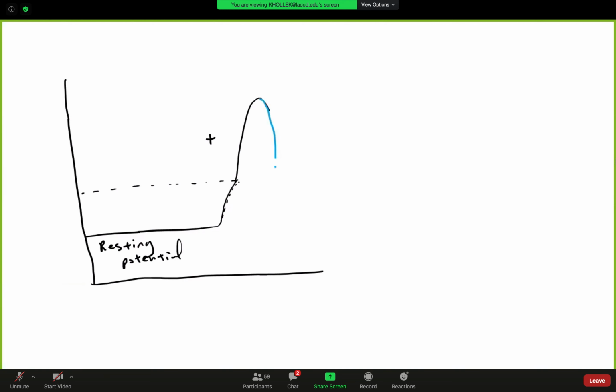This part right over here, permeability for potassium ions increases. So more potassium is going out. As the cell loses potassium, you're going back towards the negative, which is termed as, what is it termed as? Do you guys know? Repolarization. And on the other side, we discussed that would be the sodium coming in.